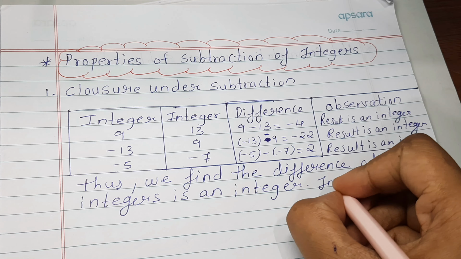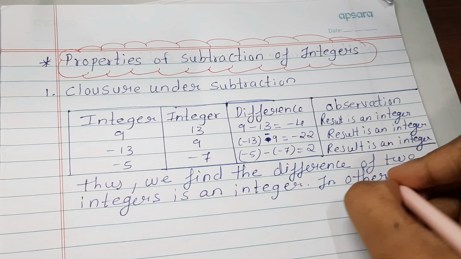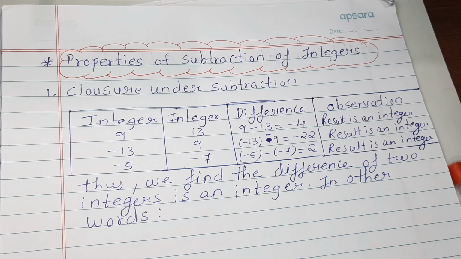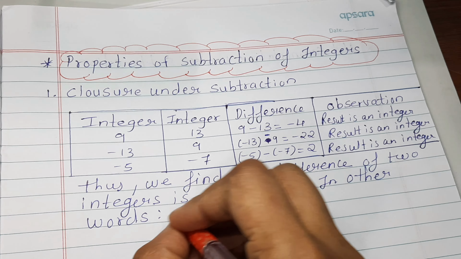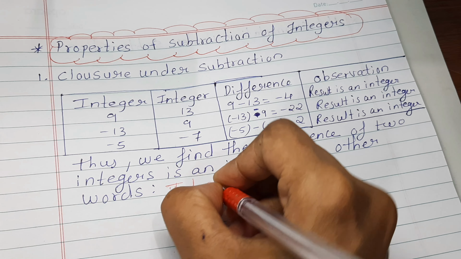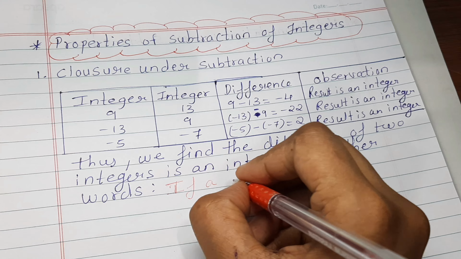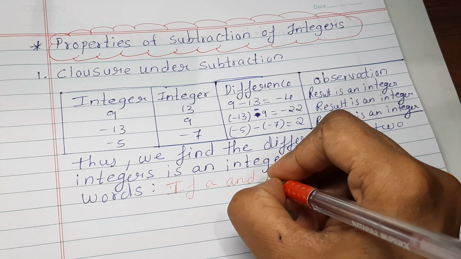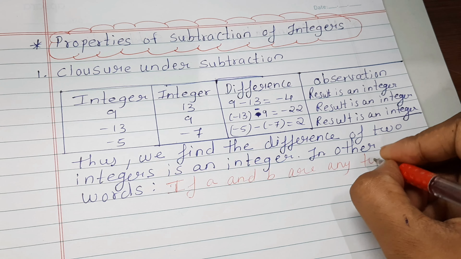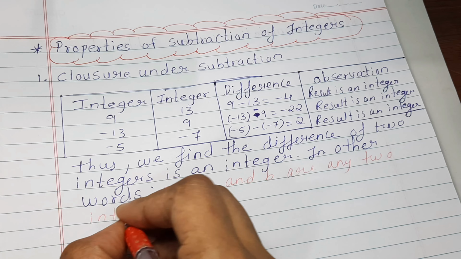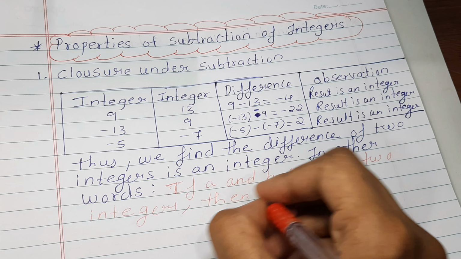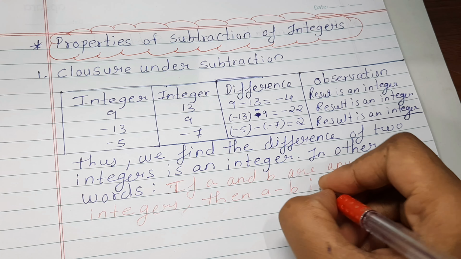In other words, if a and b are any two integers, then a minus b is also an integer.